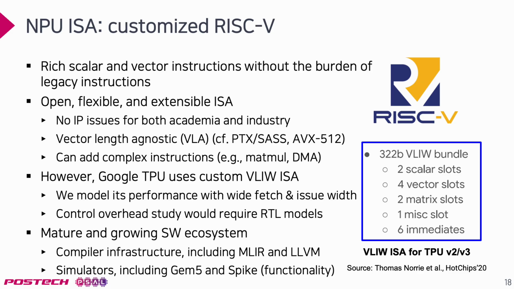Modeling such complexity would require designing an RTL model and synthesizing and routing it to accurately model the area and power cost. However, that is beyond the scope of PyTorchSim, and we focus on accurately modeling the performance. And it turns out that this is good enough to model the behavior of TPUs for many workloads.